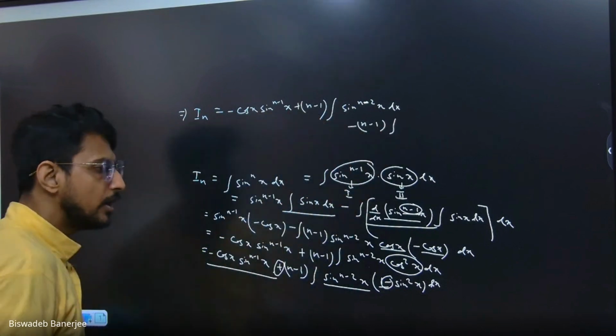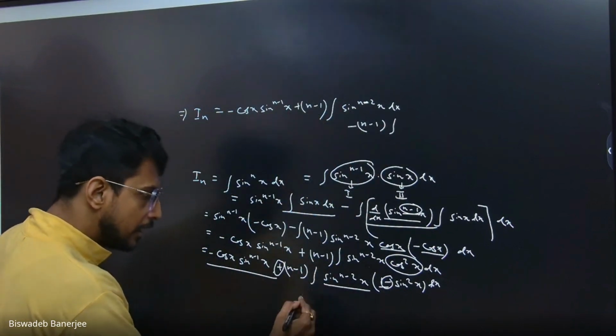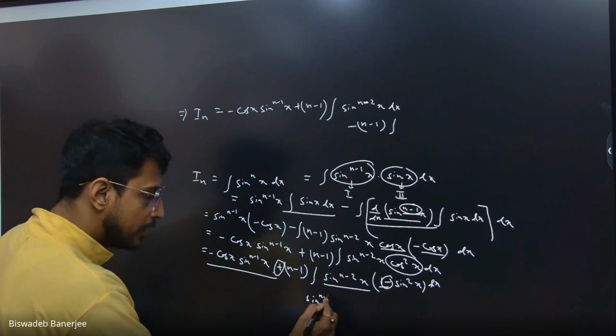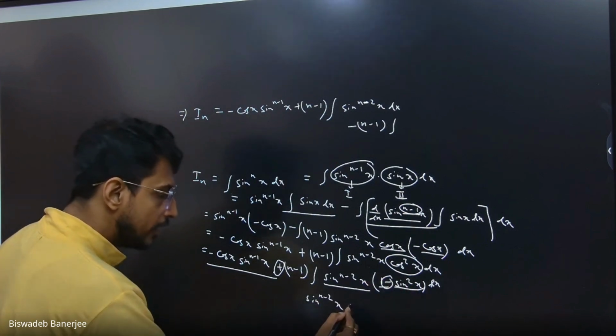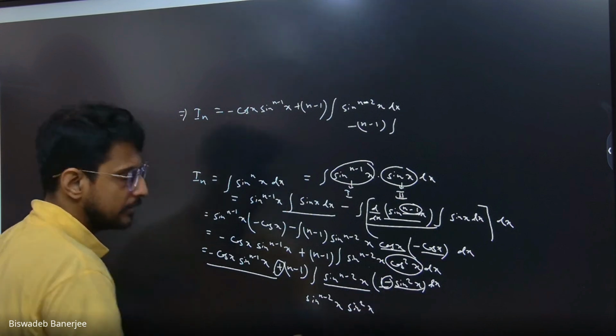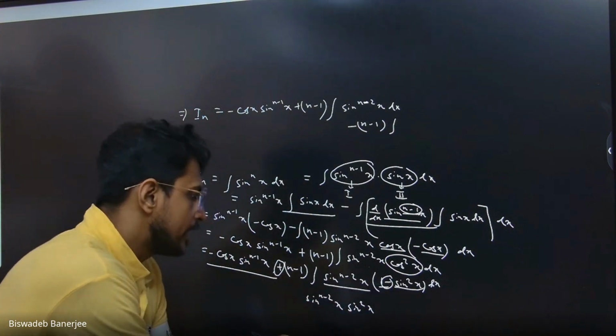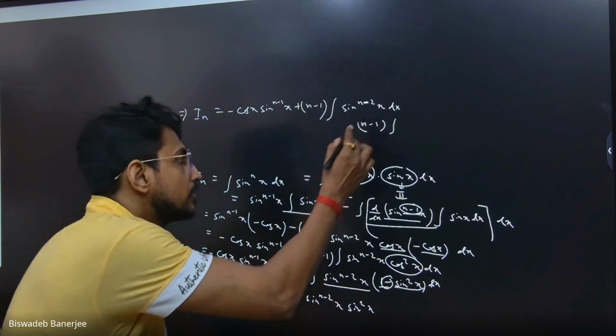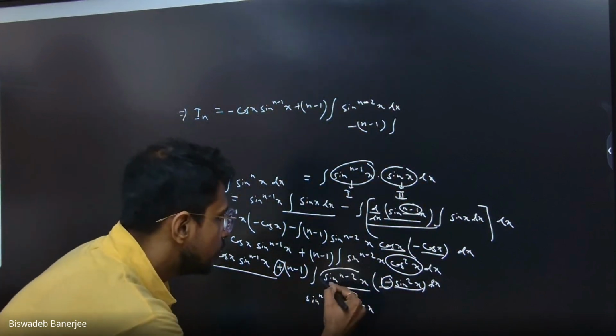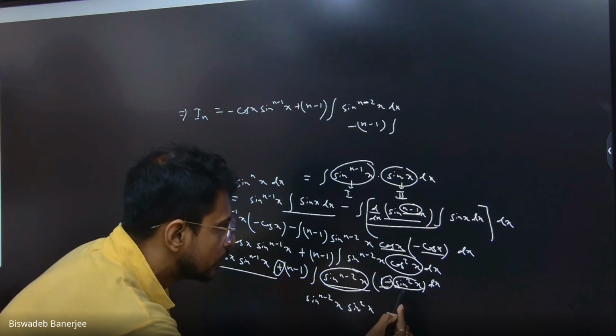Under integration, we have sine to the power n minus 2x into sine square x. See that. N minus 1, sine to the power n minus 2x into 1, giving you this. Then the second thing is sine to the power n minus 2x into sine square x.